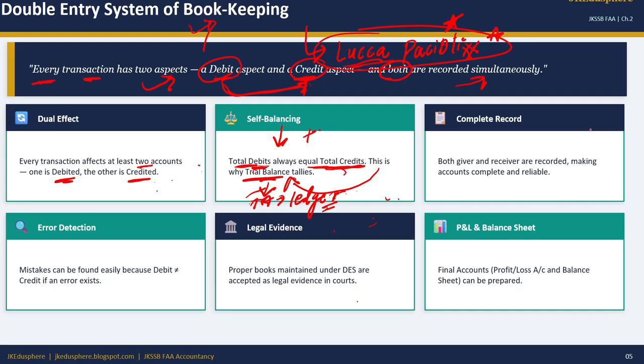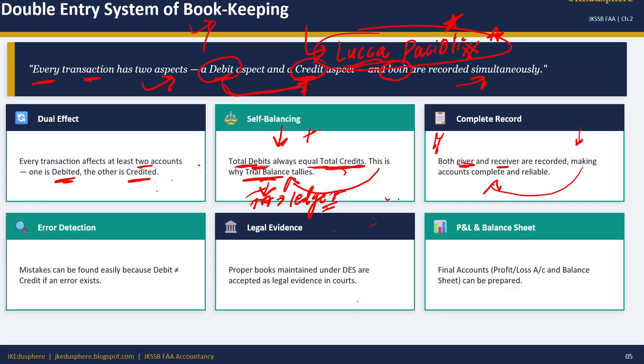Then, the objective of both giver and receiver are recorded, making the account complete and reliable. So both the giver and the taker are recorded.